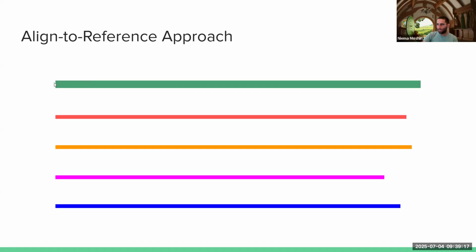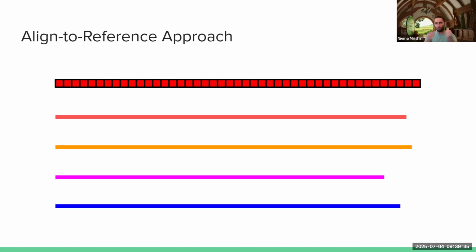So I came up with an approach. Here the green genome sequence is the reference genome, and all these other colors are the individual samples we've collected from people. Instead of trying to line them up with each other, let me independently do an alignment with the reference genome. Once I get those alignments, I can use my reference genome to reconstruct the multiple sequence alignment.